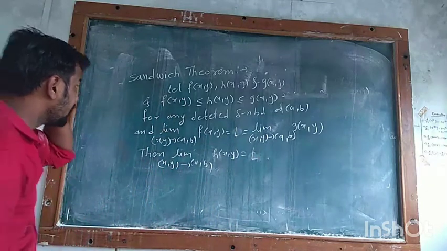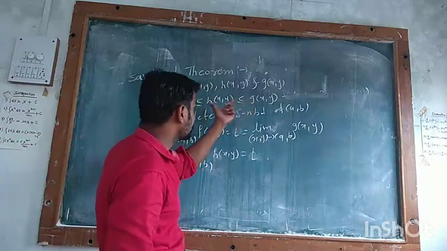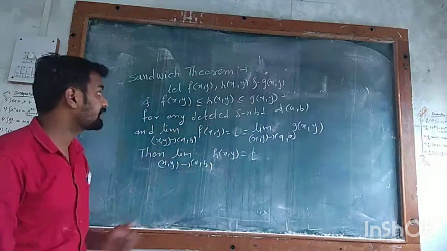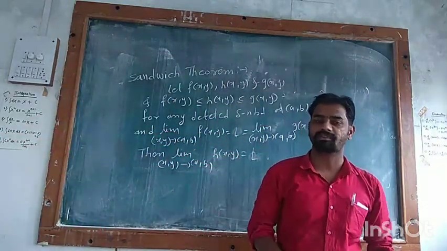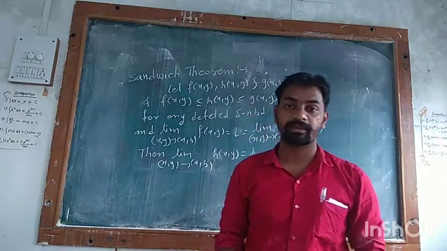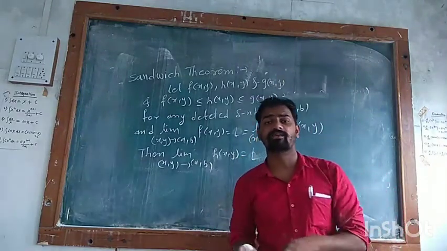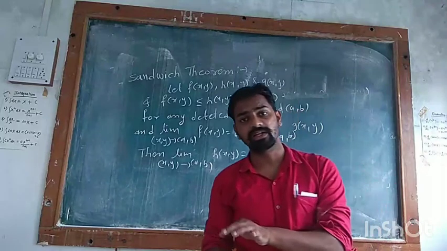It means that h of xy is sandwiched between f of xy and g of xy. Let f of xy, h of xy and g of xy be functions of two variables. f of xy is less than or equal to h of xy, which is less than or equal to g of xy.